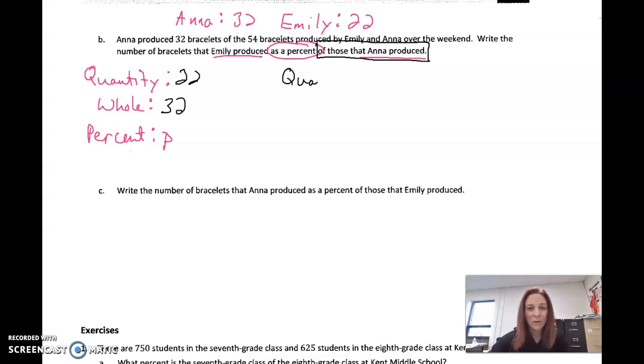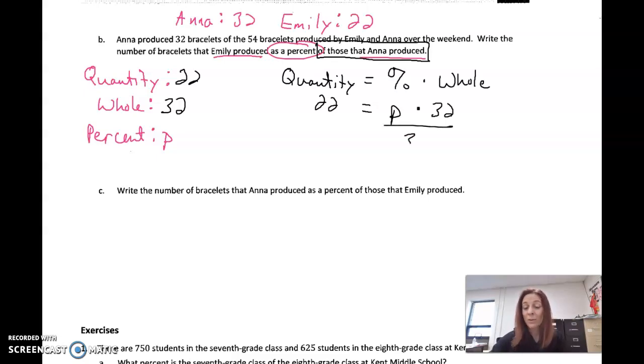Okay. And again, real quick, quantity, I know I'm going to get sloppy here, equals percent, I'm going to just put a percent sign, times whole. Fill in what you know. 22 equals P times 32. What are we solving for? P. What do I have to do to get P all by itself on the right side of the equal sign? Get rid of 32. It's times 32. How do we do that? Well, we divide.